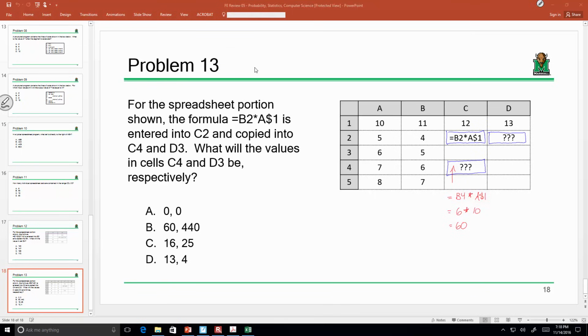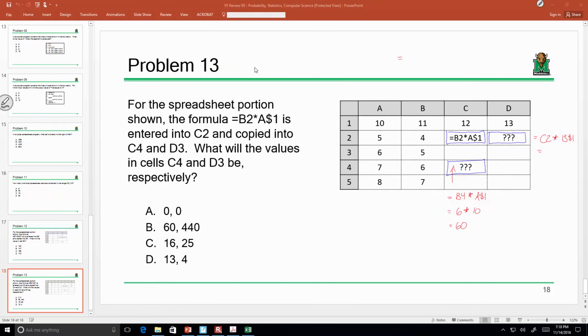Now, what's this one going to be right here? Well, if I'm at B2, it's going to say equals C2 times what? C2 times B1. Yeah. C2 is, well, we haven't computed that one, so we have to go over here.